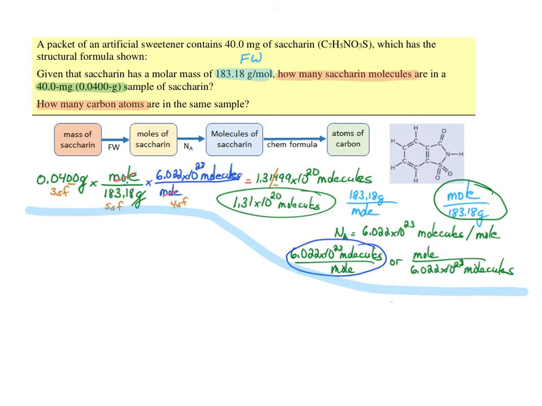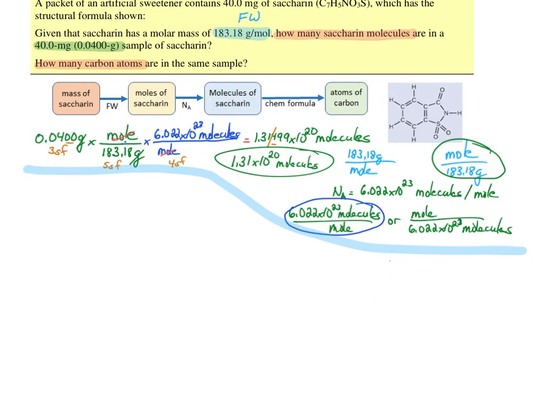Now we want to find out the number of carbon atoms. And we need to look at our chemical formula here because we know every molecule of saccharin is going to have 7 carbon atoms. Every molecule, every unit is going to have 7 carbon atoms. We're going to start with our unrounded answer in terms of the number of molecules. So we have 1.31499 times 10 to the 20th molecules.